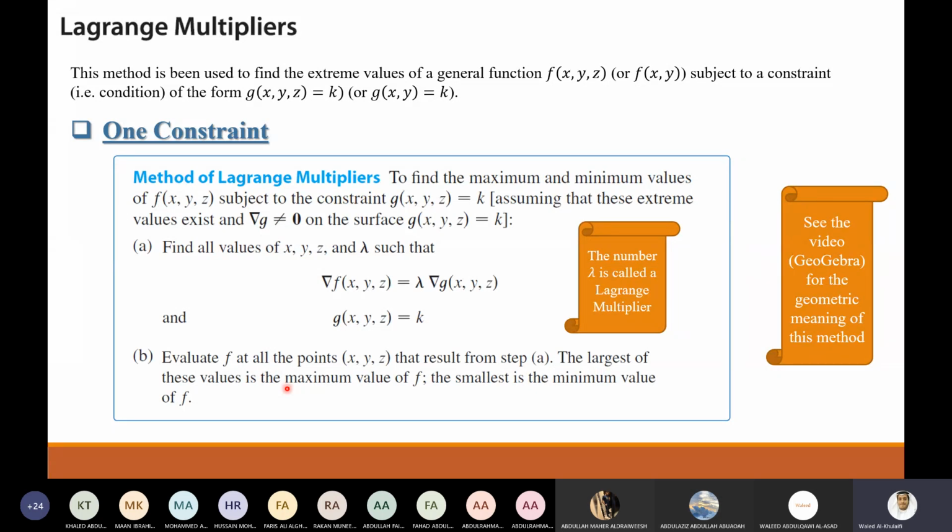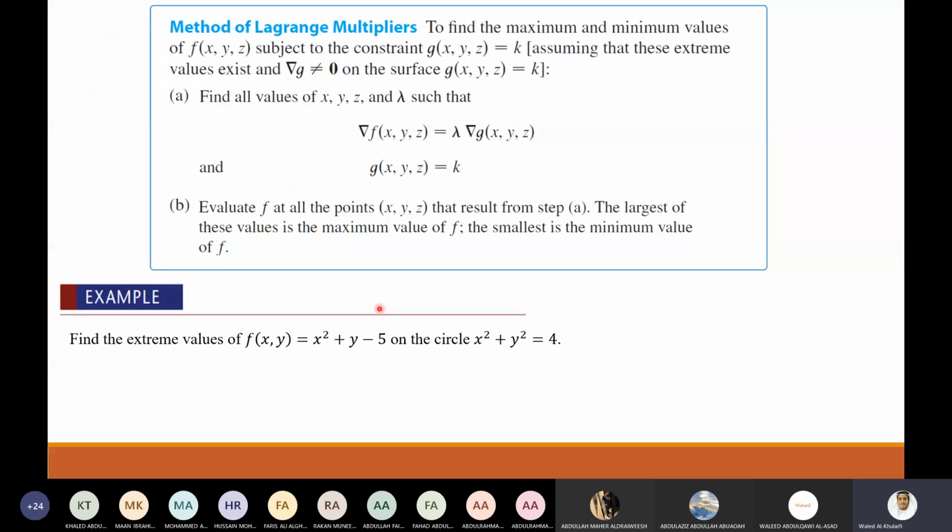The smallest is the minimum value of f. You deal with it like the case, if you remember, of the absolute maximum and minimum on a closed bounded domain, but this is easier. Even this Lagrange method is easier. So we solve these 2 equations and substitute into the function at the points that result from these calculations, and you are done.